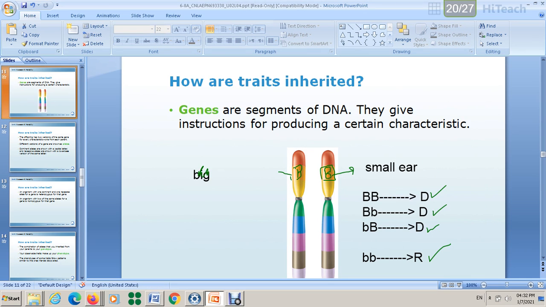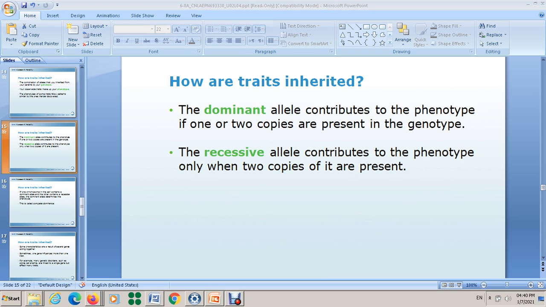The presence of the two dominant or one of the dominant in your genotype, it will what? Dominant allele contributes to the phenotype if one or two copies are present in the genotype. What about recessive? The recessive allele contributes to the phenotype only when two copies of it are present.